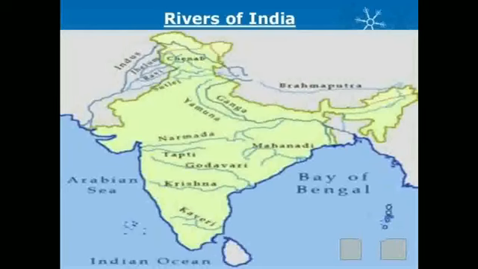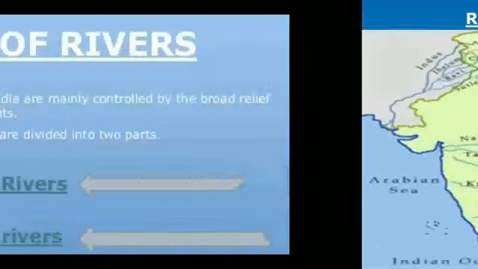To the south of Ganga, it is Narmada. To its south, it is Tapi, and to its south, it is Godavari. Then it is Krishna, then Kaveri. These are the important rivers of India. And if we look at the other side, here in the Bay of Bengal, it is Mahanadi. So the important rivers are shown in this very map.